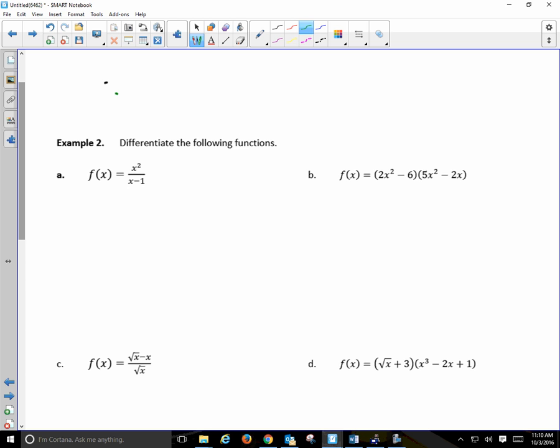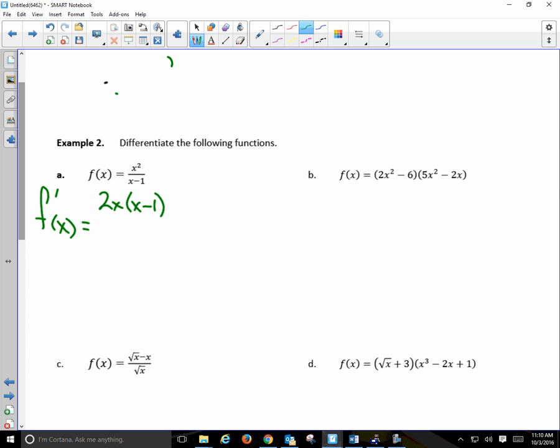Differentiate the following function. So you can see here that we have two functions divided by each other. If you take the derivative of the top, you get 2x. Take the derivative of the bottom, you get 1. So because you have those different rates of change, you have to use the quotient rule, and we will do so. What's the derivative of the top? 2x times the bottom left alone.